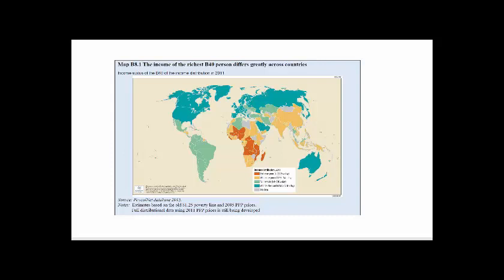Here is a map that looks at the distribution of income and the countries that have the highest share of poorest people on this planet. And again, it should not be a surprise looking at this that you have the highest share concentrated here in sub-Saharan Africa, and then South Asia. China actually has changed.